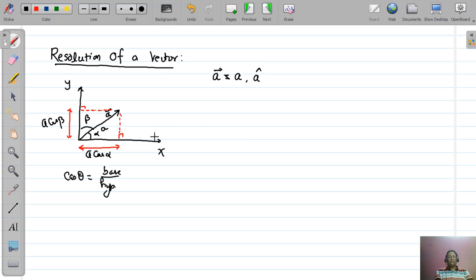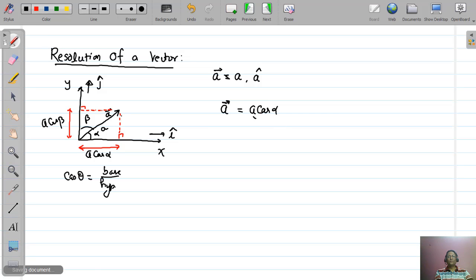And we have already discussed in the topic of unit vectors that unit vector along the x-axis is represented by i cap, and along the y-axis we take unit vector j cap. With this information, we can write vector A in its components as A cos alpha, which is along the x-axis.